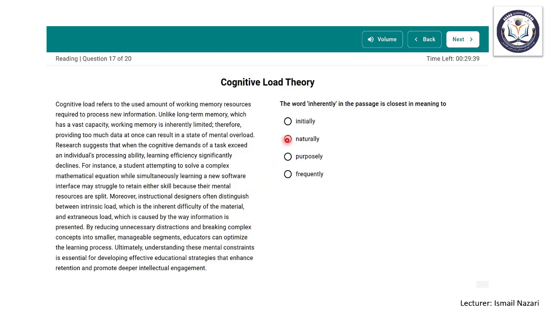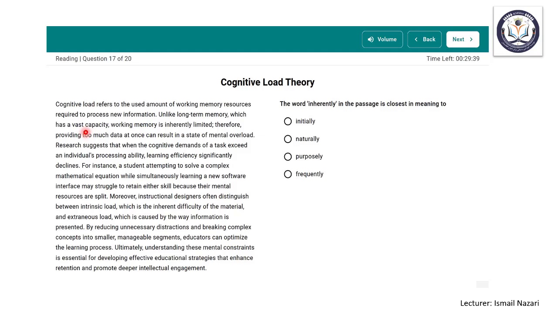Yeah, exactly. Here we have naturally as the correct answer for this vocabulary question. Here we have the opposite of long-term memory, which has a vast capacity. It is the description about long-term memory. Working memory is inherently limited, which means it is the opposite.